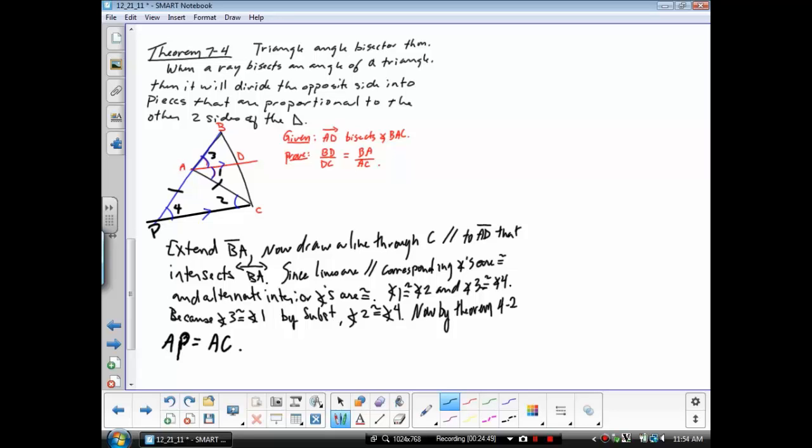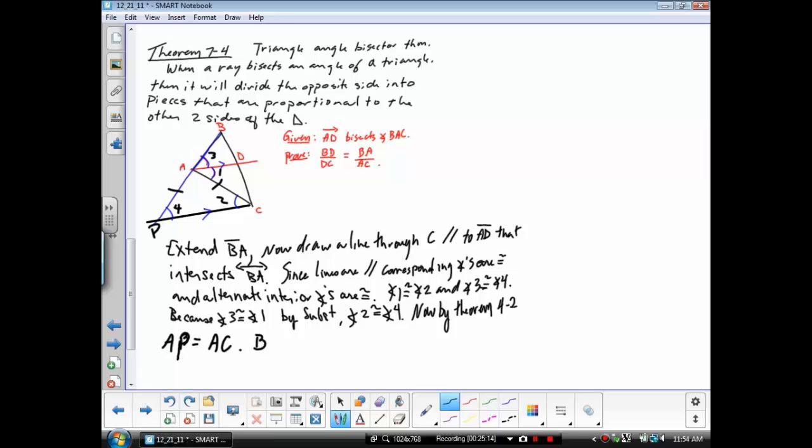By theorem 7.3, however, which is our triangle proportionality theorem, you see how you have a triangle with AD parallel to one of the sides, PC. Look at triangle BPC.